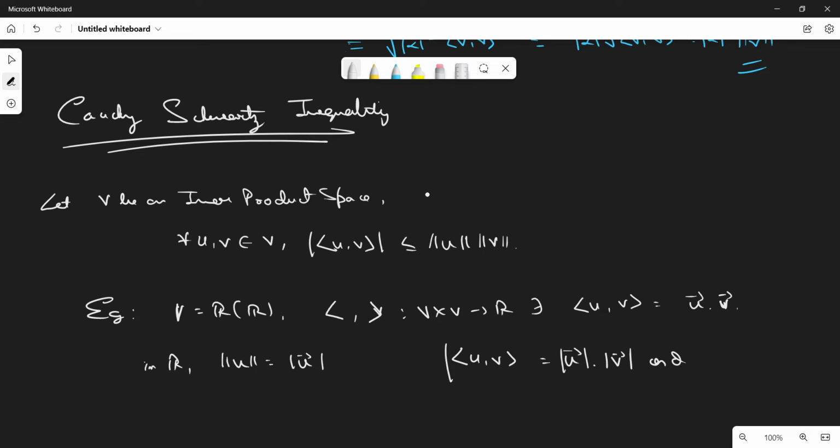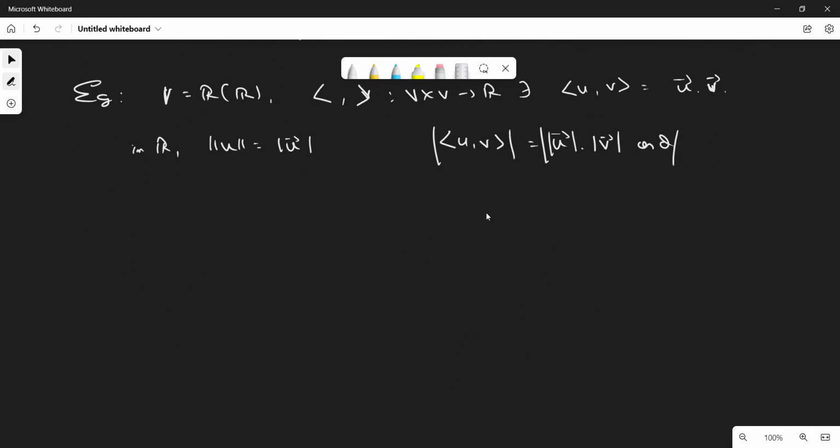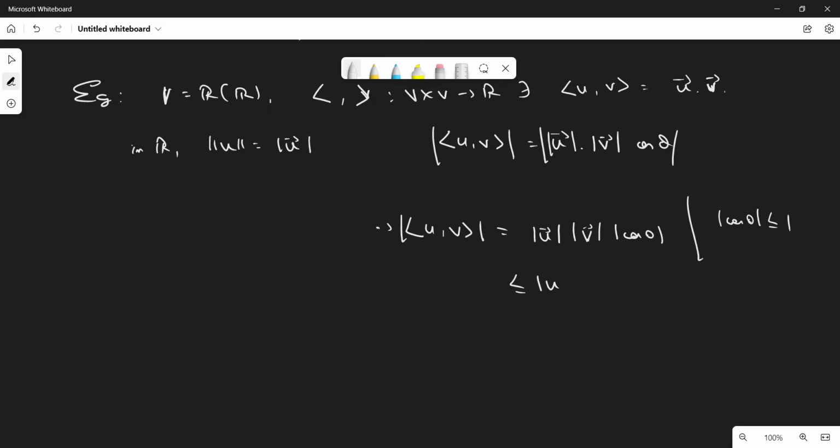So if you place the modulus, modulus gets distributed in the case of multiplication, so we can write mod of uv equals modulus of u, modulus of v, and modulus of cos theta. Now we know mod of cos theta is always less than or equal to 1, so this is less than or equal to mod of u times mod of v. Okay, this is a simple example of what the Cauchy-Schwarz inequality gives to us.